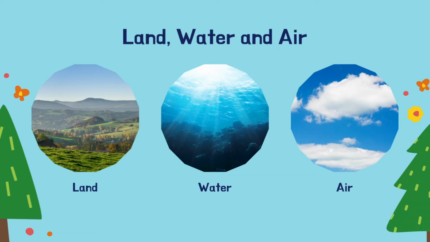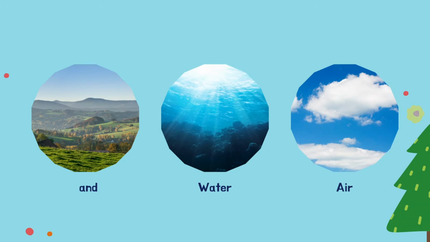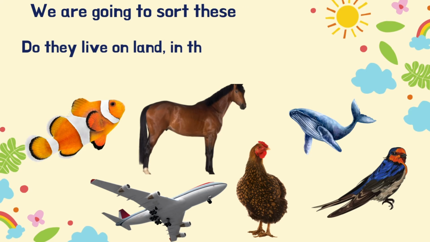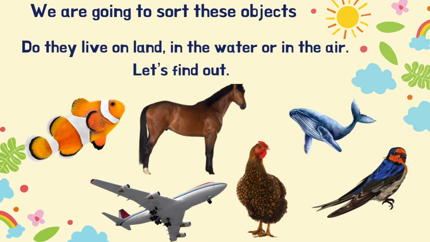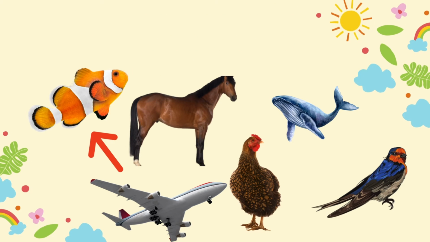Land, water, and air. We are going to sort these objects. Do they live on land, in the water, or in the air? Let's find out. We have a fish.